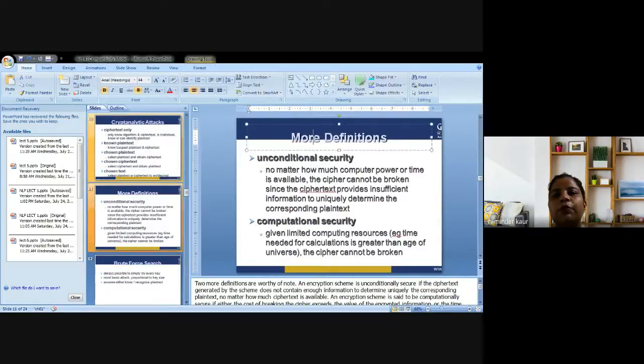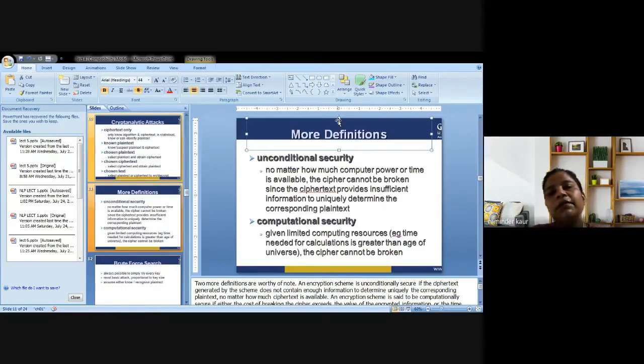In addition, there could be more definitions that could be associated with the same. Have a look at the same. That is unconditional security and computational security. So what is basically unconditional security and what is basically computational security here?